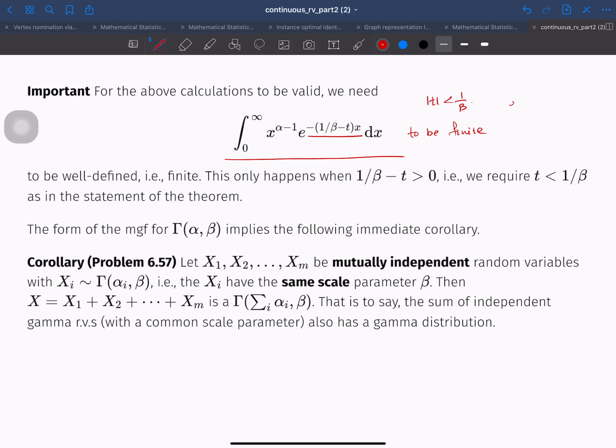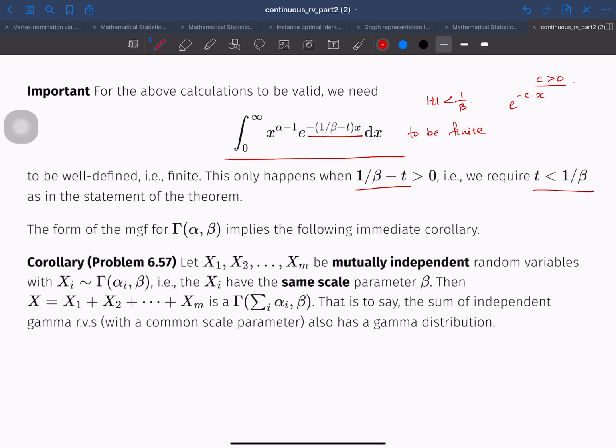So we have to think about e^(-cx), where c has to be bigger than 0, because otherwise the integral will diverge to infinity. So that is only finite if 1 minus beta t is bigger than 0. So that's why we require t less than 1 over beta.